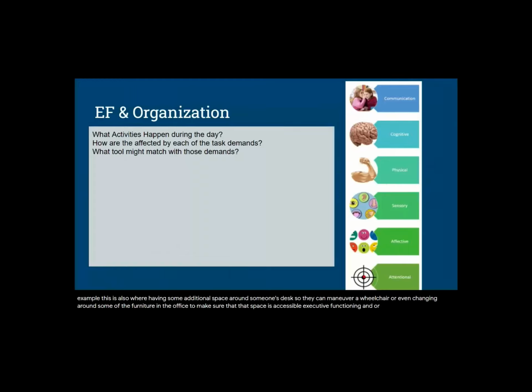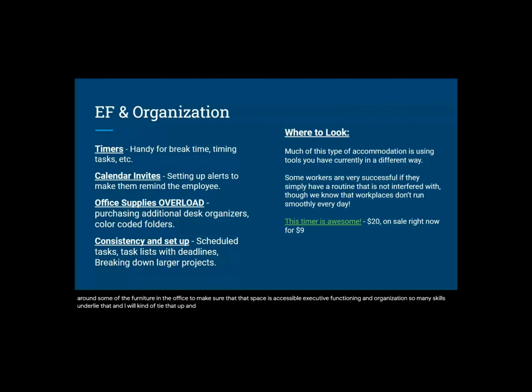Executive functioning and organization, so many skills underlie that, and I will tie that up and bring in the example of my uncle as well. He is blind, legally blind, and executive functioning and organization always comes up to me when I think about him, because this was back in the 80s, early 90s.